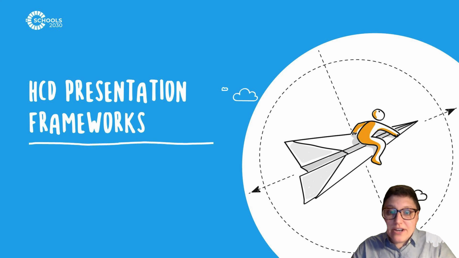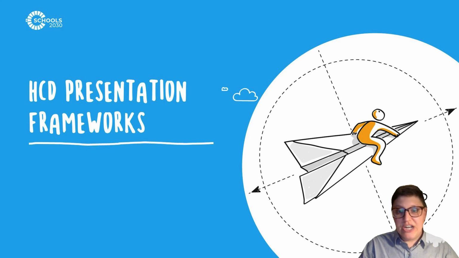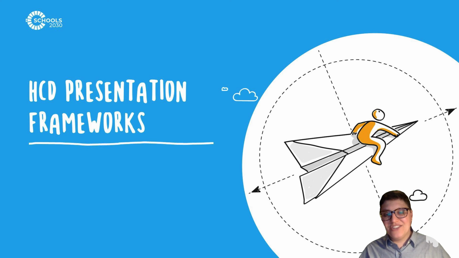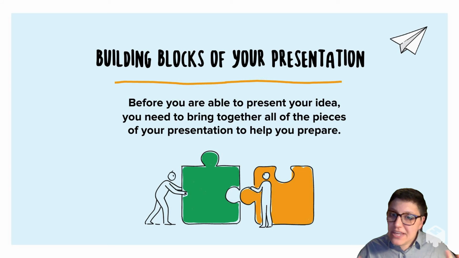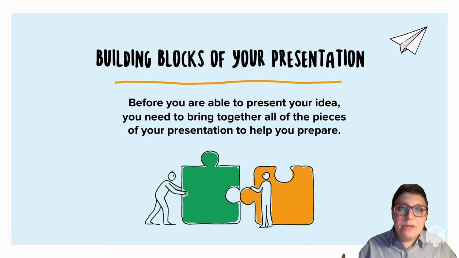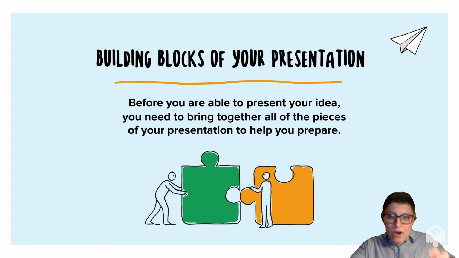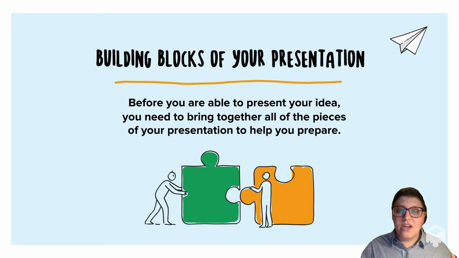All right, so we're going to transition now to your presentation. We have some frameworks to help you gather up all the information and start to develop your presentation. We're really thinking about these as the building blocks of your presentation. What are all the component pieces and all the things that you need to reflect on in order to share your idea?